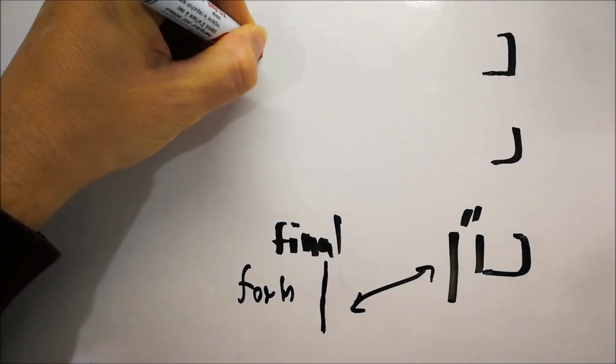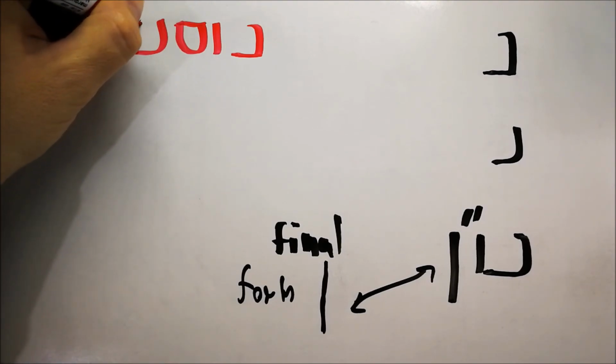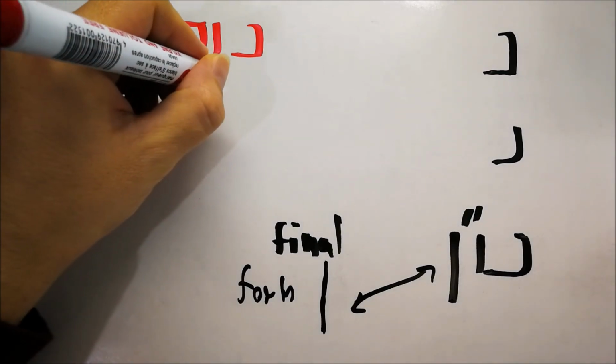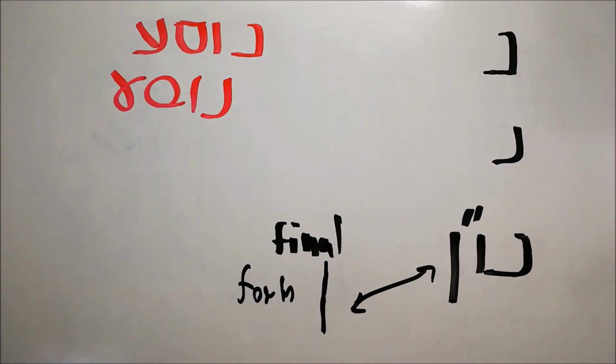A word example for the letter Nun is נוסע. This is how you write נוסע in print and in handwriting. נוסע translates to passenger in English.